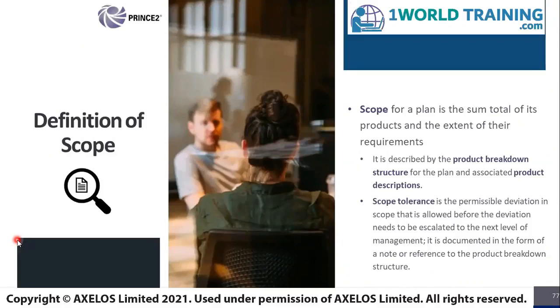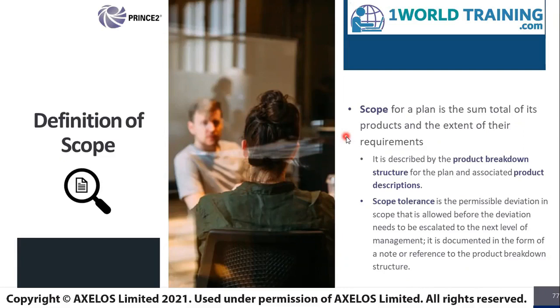Definition of scope. The words quality and scope can be somewhat synonymous. Let us understand clearly the difference between the two. Scope for a plan is the sum total of its products and the extent of their requirements. Meaning, the word scope means the solutions or the products which are developed in a certain project or even in a certain stage.